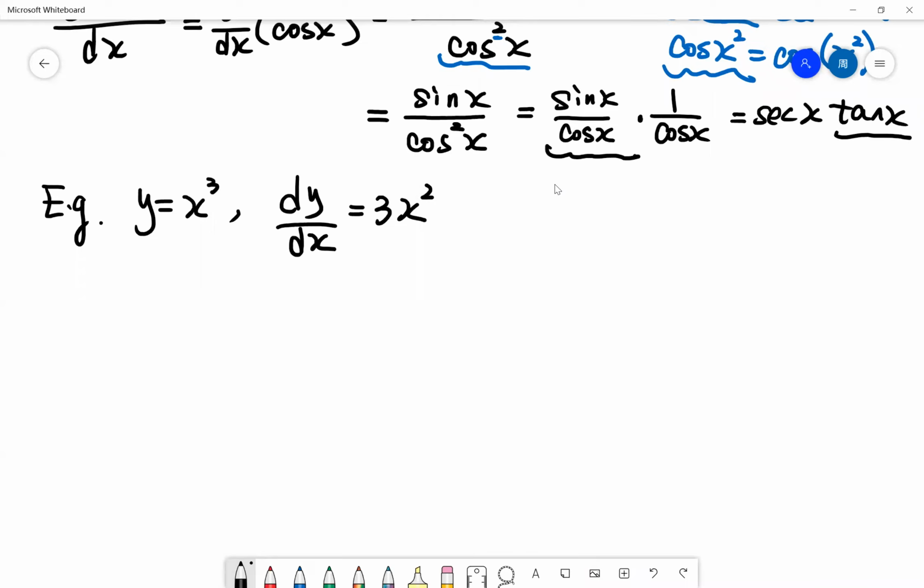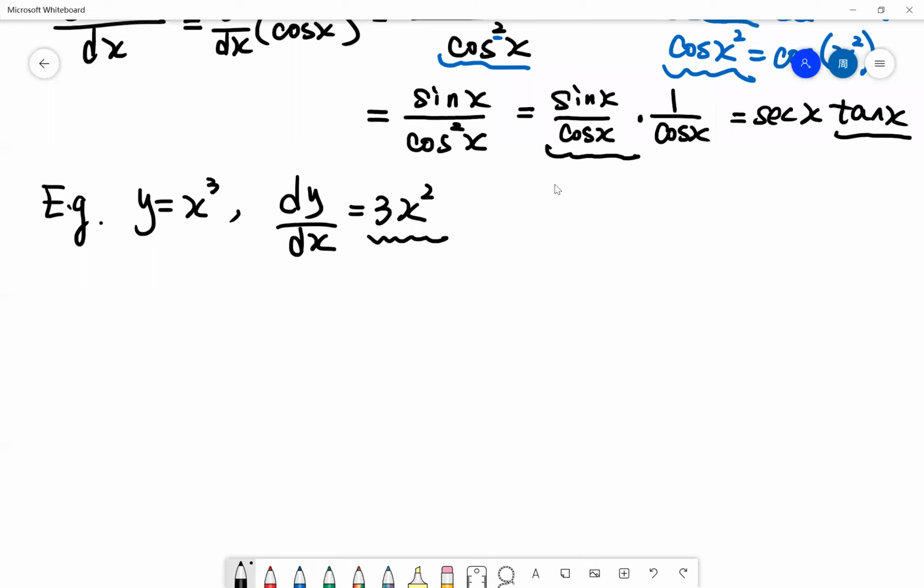And you will find the derivative of the function is also a function. So if it is also differentiable, we can take the derivative again.